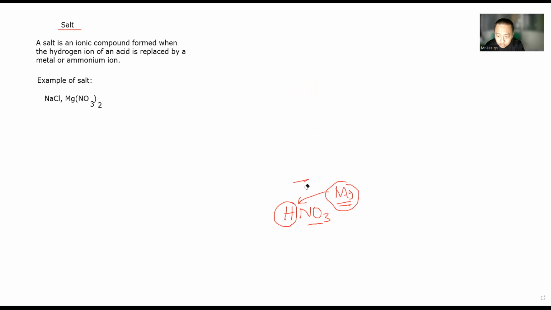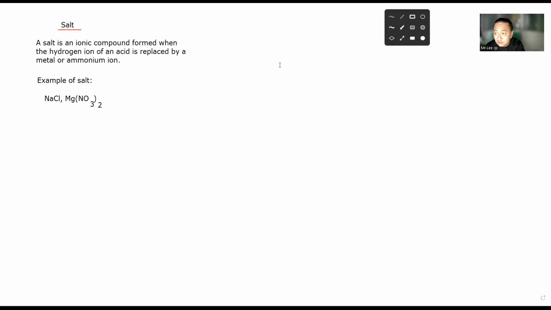So these are a few examples of salt. If I don't want to replace with a metal, then I can replace it with ammonium. For example, we have the acid H2SO4, where SO4 is 2 minus.